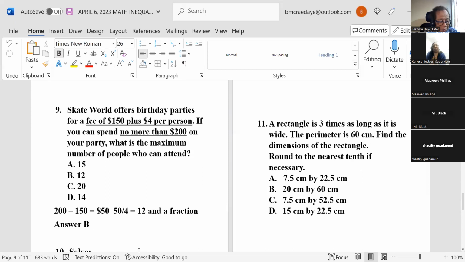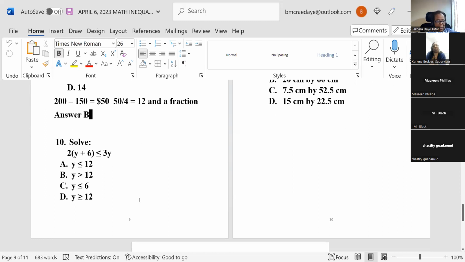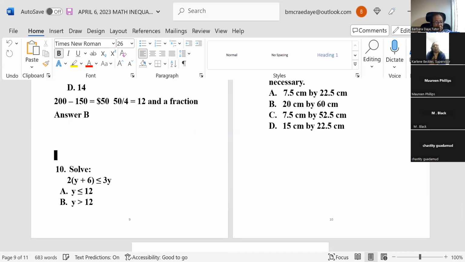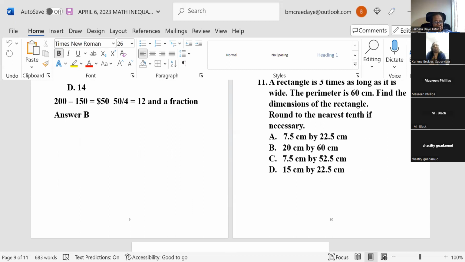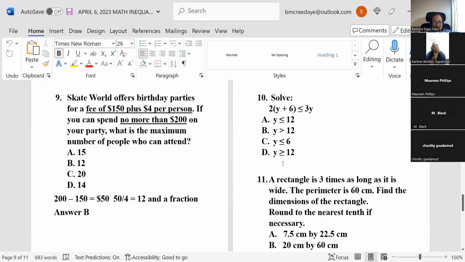Okay, number 10. Solve number 10. Now, 10 is one where we have parentheses, and you've got to simplify what's in parentheses so you can combine your variables and your constants. So do that first.